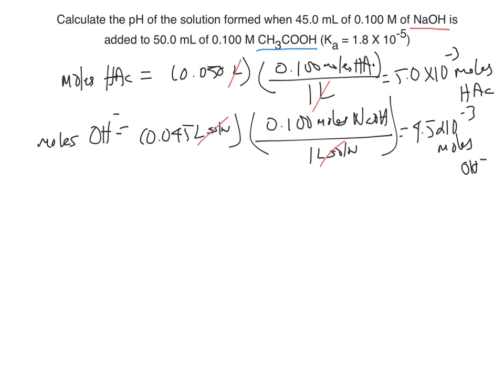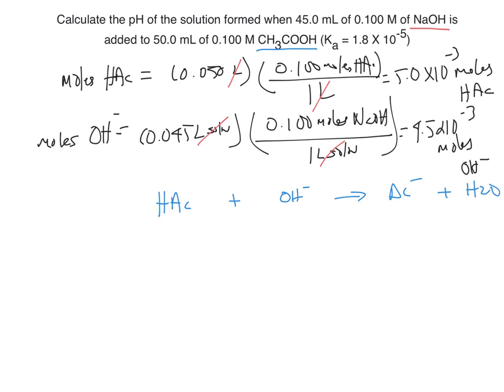Now, let's remember that we have acetic acid. The acetic acid is reacting with OH, and this will produce acetate, negative here, plus water.